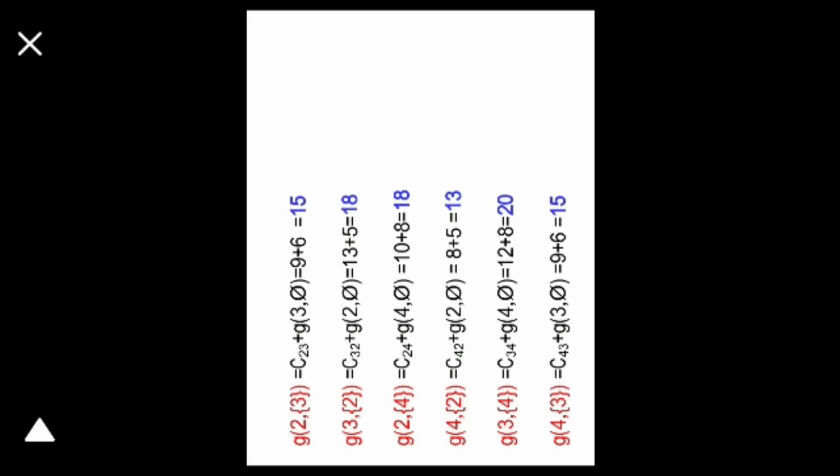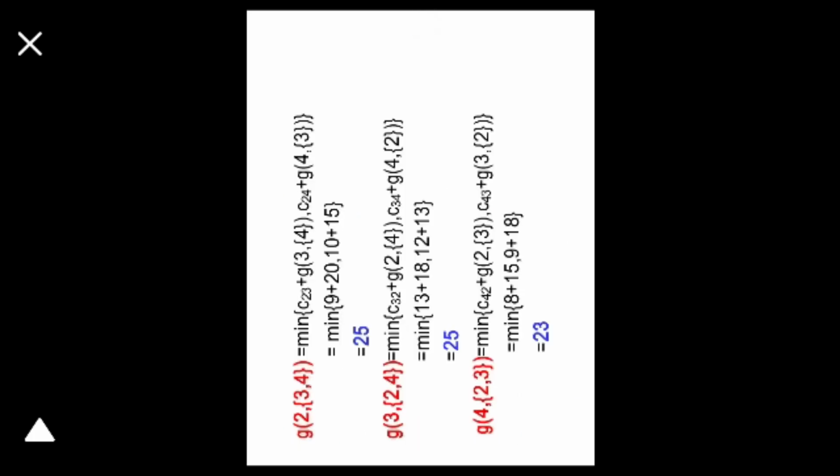G of 2 3, G of 3 2. So after finding the minimum distance from one city to the next, between 2 cities, we will take these values and substitute them in G of 2 3 4, G of 3 2 4, G of 4 2 3 between 3 cities. So take the previous values whichever we have computed till now, so that we can substitute here.